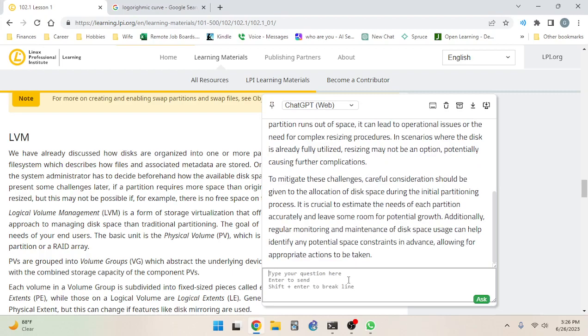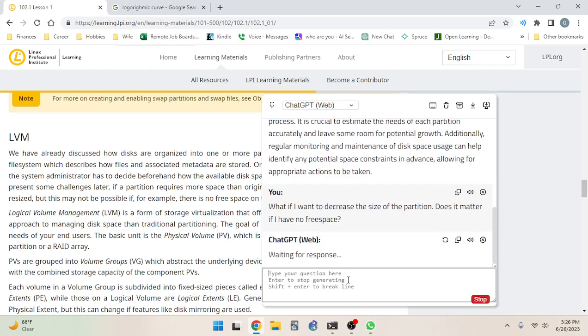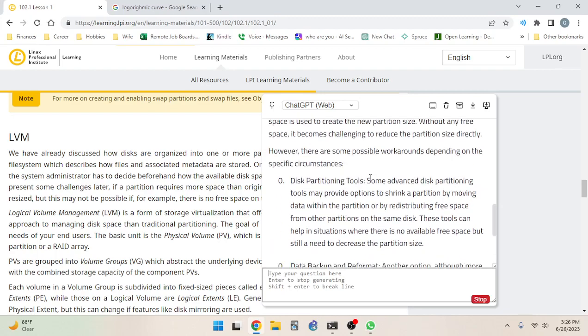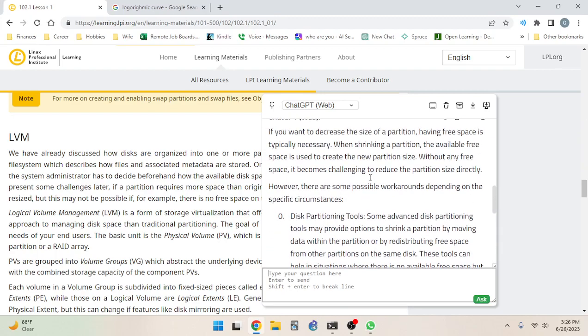And then I'll say, what if I want to decrease the size of the partition? Does it matter if I have no free space on my disk? Or if I have no free space. So if you want to decrease the size of a partition, and I gotta wait for it, this is so annoying. Okay.